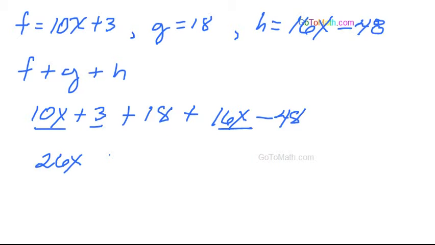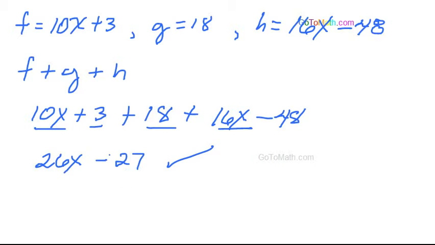And then we have 3 and 18, that's 21. And then 21 minus 48, what is that? Negative 27. Pretty simple. Got that?